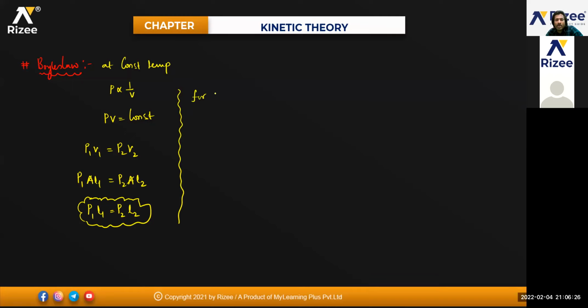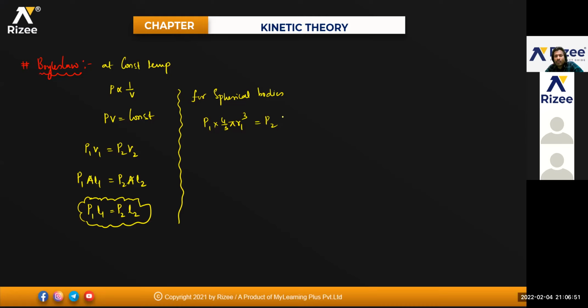For spherical bodies, I can write P1, the volume of a spherical body is 4 by 3 pi R1 cube, equals P2 into 4 by 3.